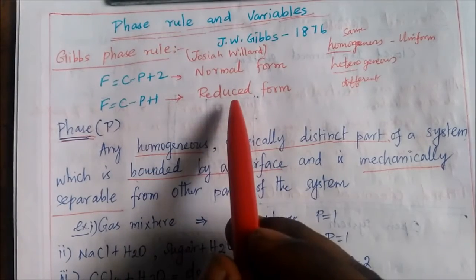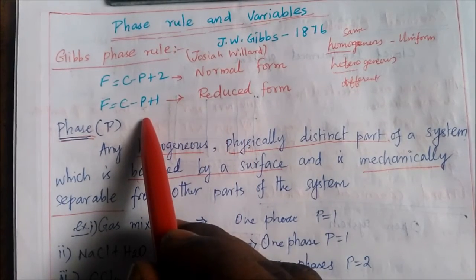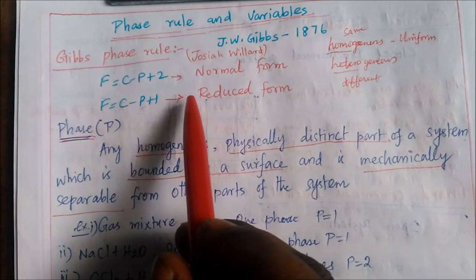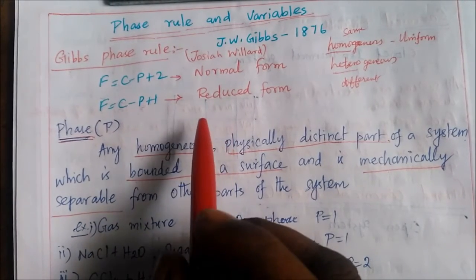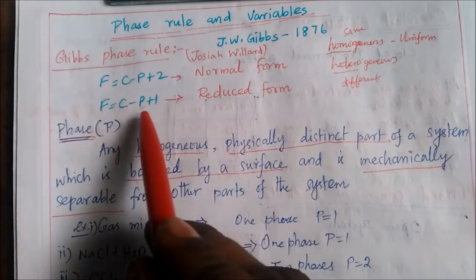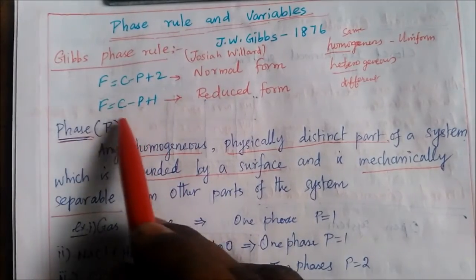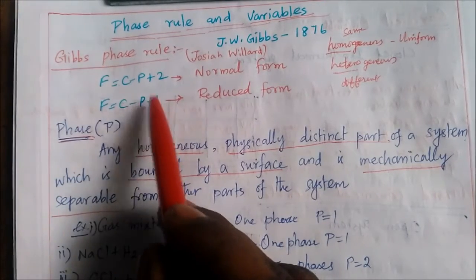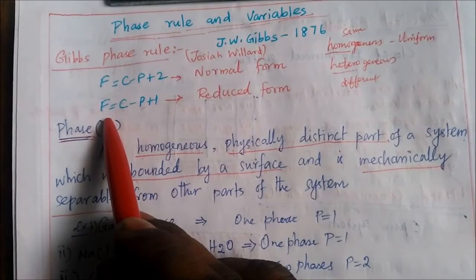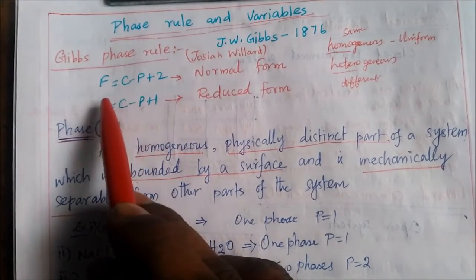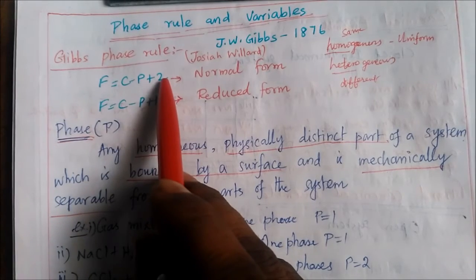So why is there a need for this rule? For a two-component system, for a heterogeneous system in some cases, we need the reduced form of Gibbs phase rule. So using this Gibbs phase rule, we can find the value of F. In the case of the normal form, it is F is equal to C minus P plus 2.